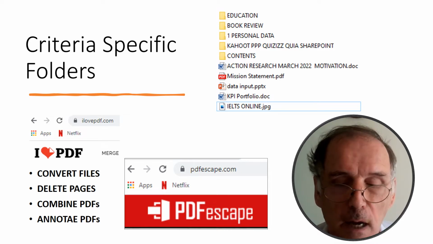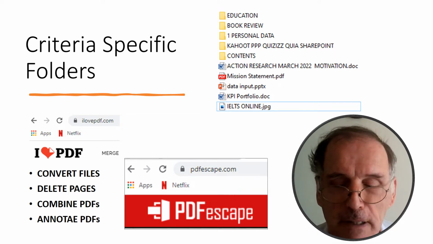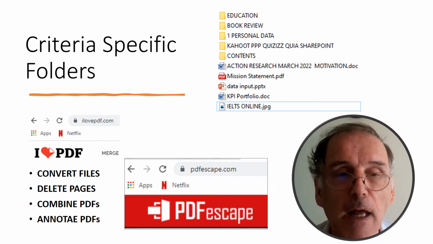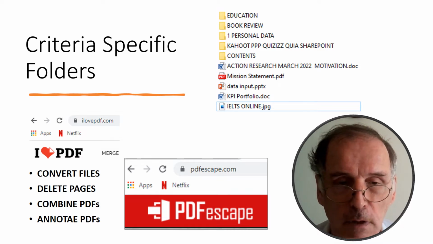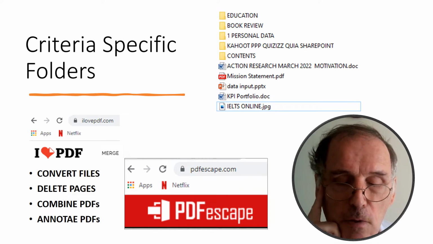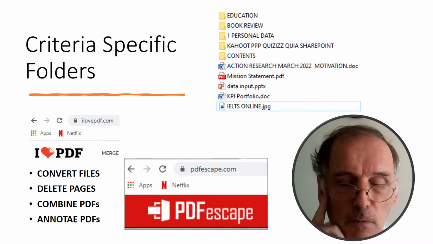Now I want to point out two websites that I find extremely user friendly. One is called ilovepdf.com. Don't you just love that title? And PDF Escape. So as I've detailed here, using these websites, if I can do it, anybody can do it. You can convert files, you can delete pages that maybe you don't need.